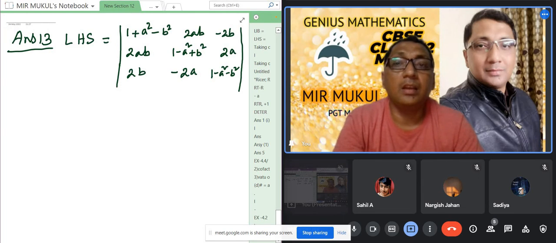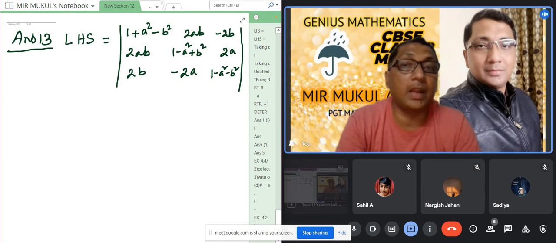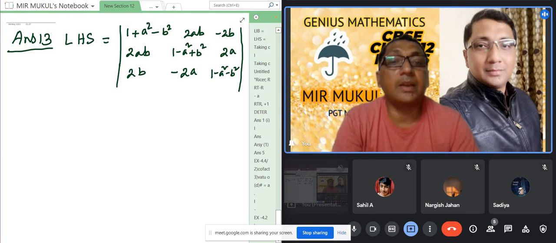But here, if we add all three rows or all three columns, or subtract any two rows, we are still not getting that factor. So we have to observe the right hand side also. What is the factor in the right hand side?